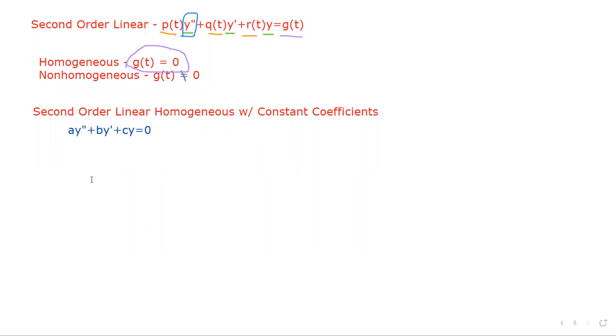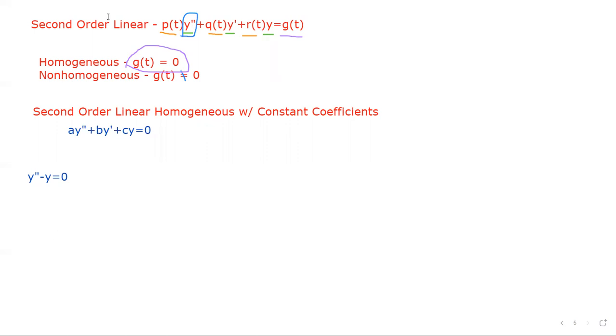So let's look at an example. y double prime minus y equals 0. We've looked at one of these before, and we'll see about working through all this stuff later on. But for now, we know that e to the t, or e to the negative t, would both work and satisfy this equation. You go and take your derivatives and go from there.